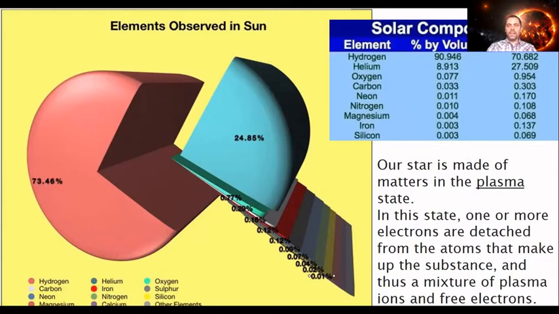The two main elements in the sun are hydrogen and helium. As you see in the diagram here, the numbers differ from the chart. Here you can find 73% hydrogen, but here it is only 70% by mass. But all the sources you can find are a bit different in the numbers. The explanation is quite easy.